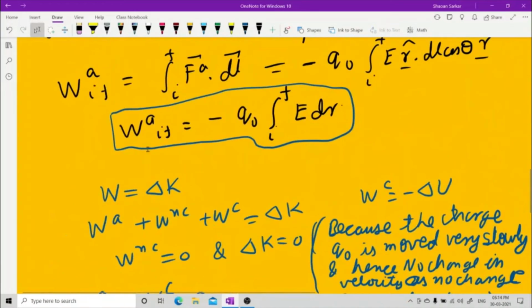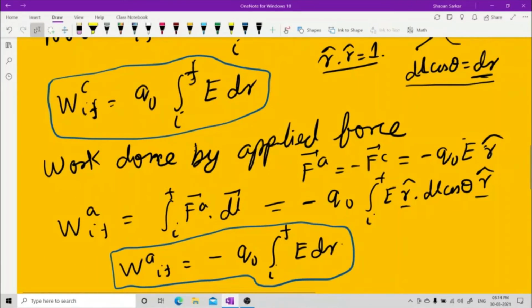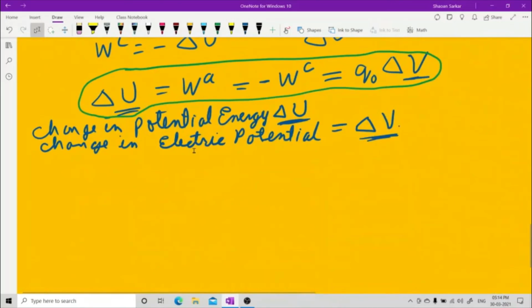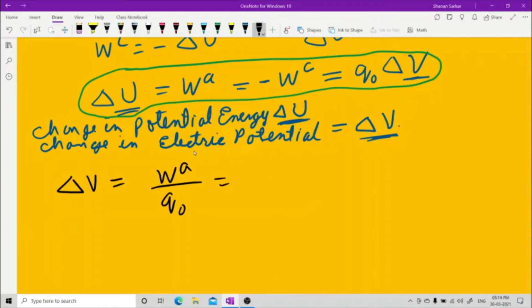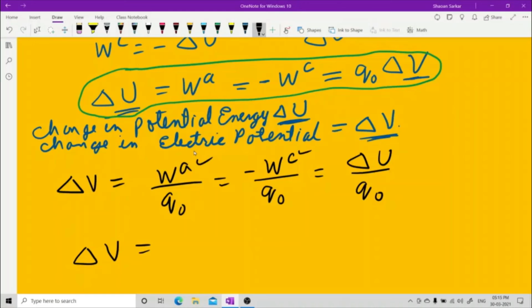The answer remains the same, because delta V is work applied by q naught, which is the same as minus work conservative by q naught, or the change in potential energy by q naught. So whichever of these three you use, you will always get minus initial to final E dr, and there is no change in this. Now, since this is the E dr, this is the potential.